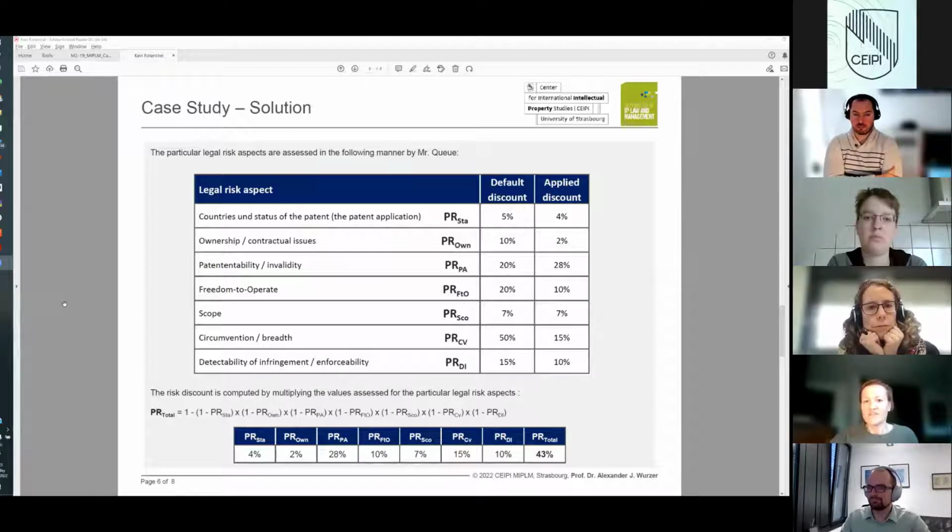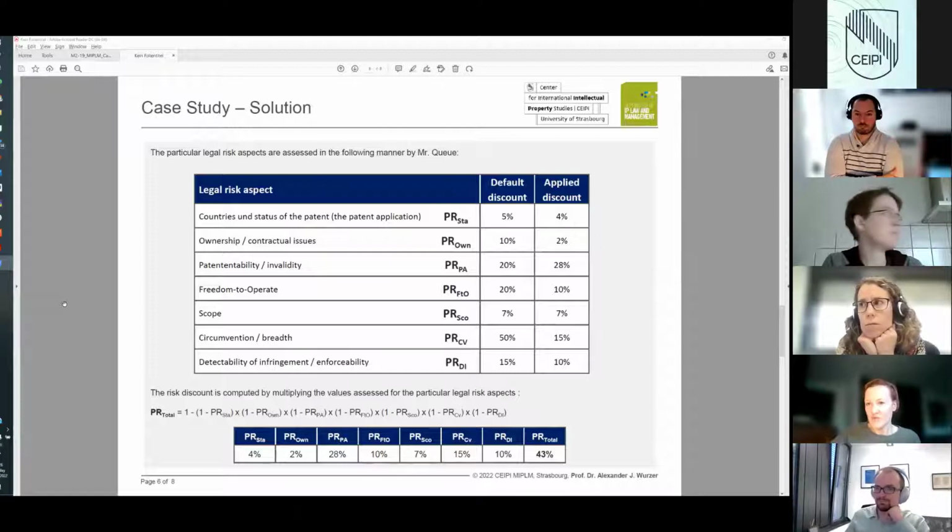So, looking at countries and status of the patent, we are relatively well off here, because the first plan is to expand in Germany using the already existing distribution networks of Bauma, and then to extend to France and the UK. So when we look at the given information, the patent statuses are relatively in line with this business strategy.